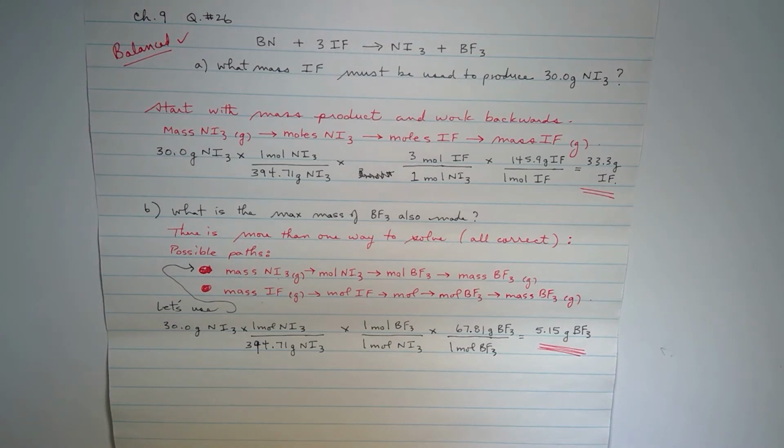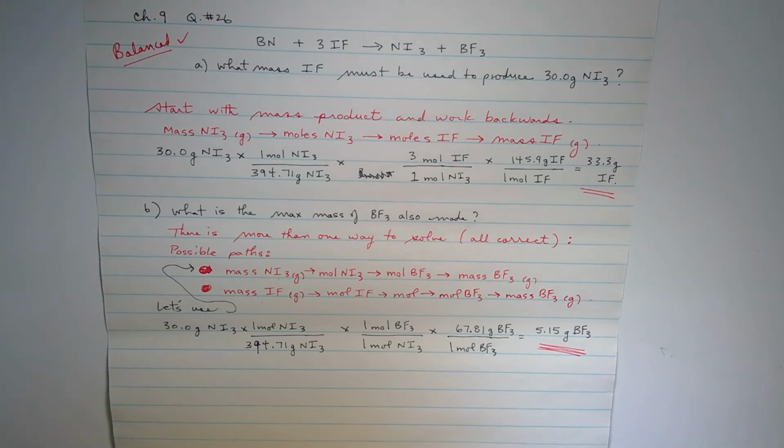And you might be thinking, well, how did you know to put the IF on top and the NI3 on the bottom? The answer is you have to look over here. You're converting from moles of NI3, so you want that to be on the bottom, which allows it to cancel out of that unit and into the one that you're converting to, moles of IF. And then from moles of IF, you want to answer the question, mass. So you convert from moles to mass using the molar mass of IF, which of course you can add up using the periodic table.